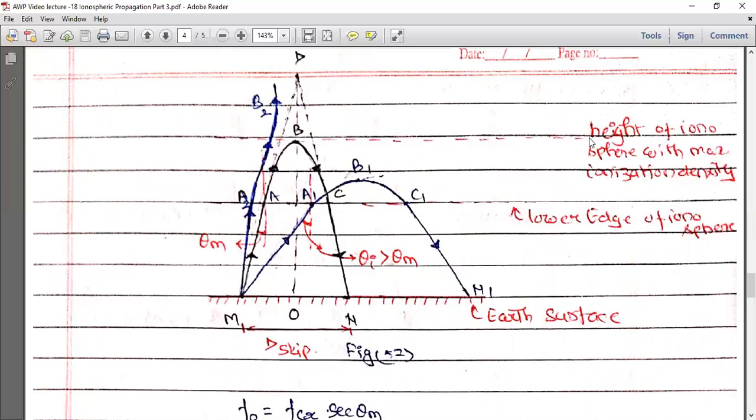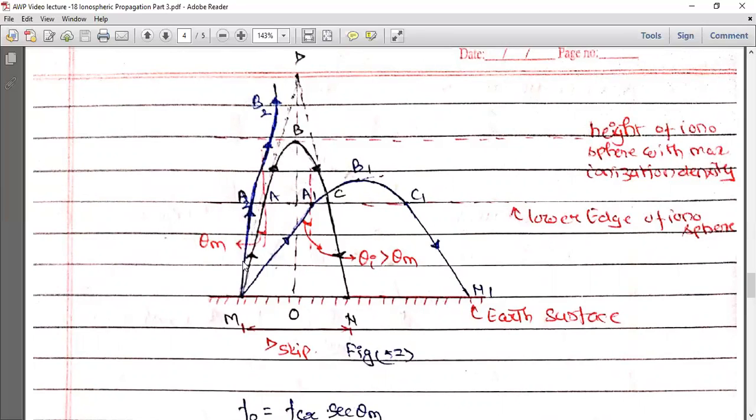We transmitted the assumed frequency f0 from point M in this direction in such a manner that the angle of incidence is theta m, so that the wave will reflect from this maximum height. I should say this is the largest frequency at this angle of incidence which can be reflected back from this height of the ionosphere.